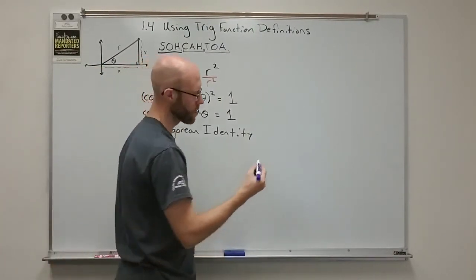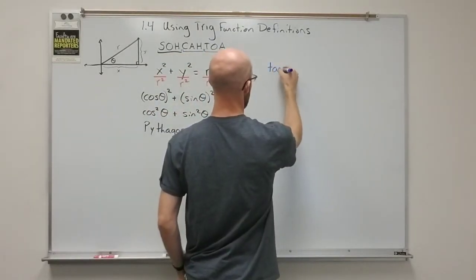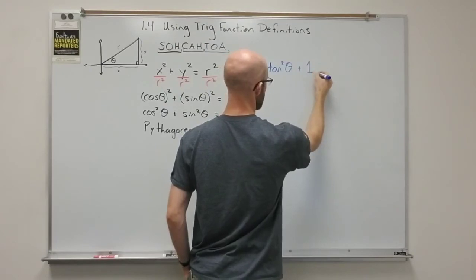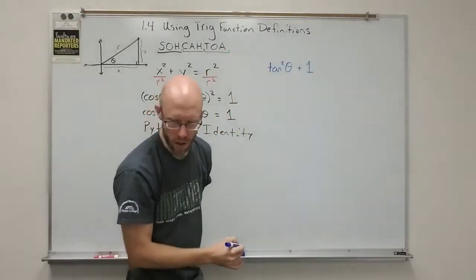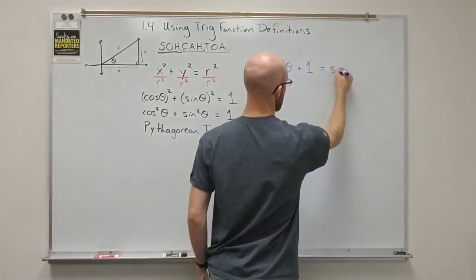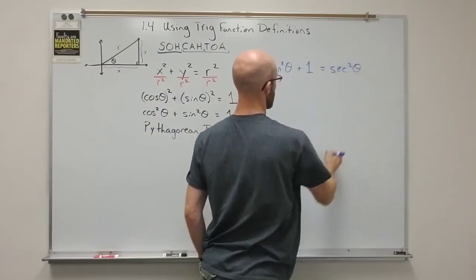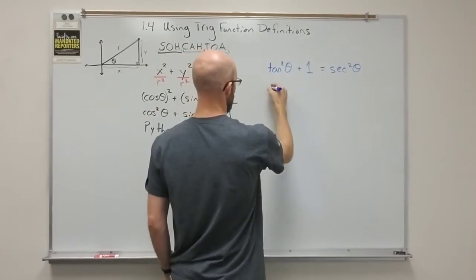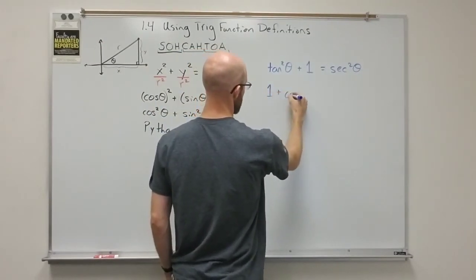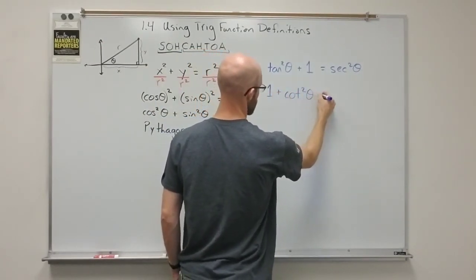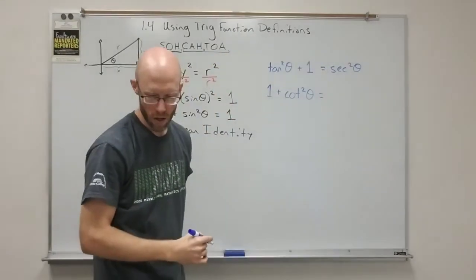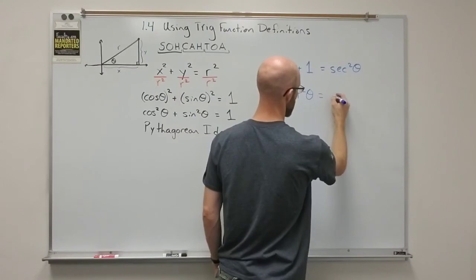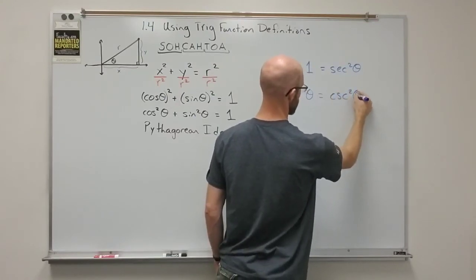They are going to be the tangent squared plus 1 is equal to the secant squared. Okay, so that's one of them. The other one is 1 plus the cotangent squared is equal to the cosecant squared.